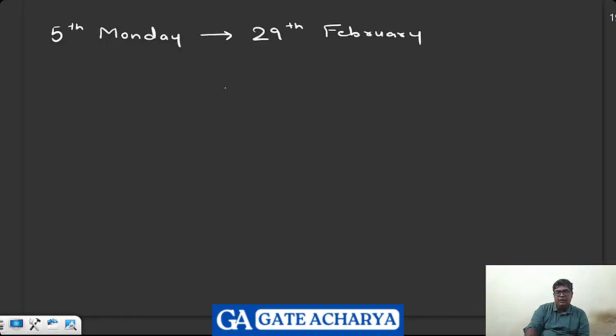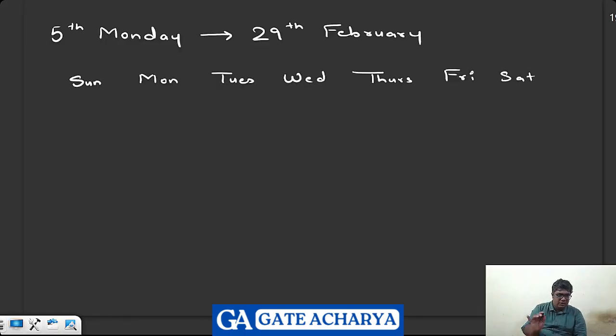So let me write down the calendar like this: Sunday, Monday, Tuesday, Wednesday, Thursday, Friday, and Saturday. Let me show you what will happen here. First, 2, 3, 4, 5, 6.